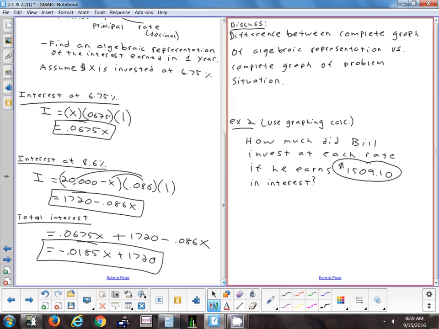I could do an algebraic method, but I'm going to use the graphing calculator. What do I need before I can even use the graphing calculator? Yeah, I have to have an equation that I'm going to plug in. Can anybody tell me what my equation would be?